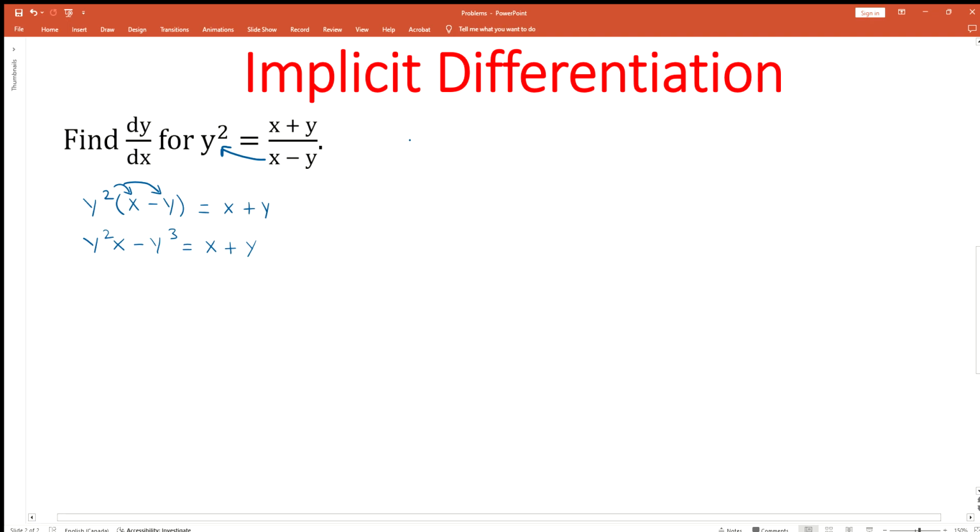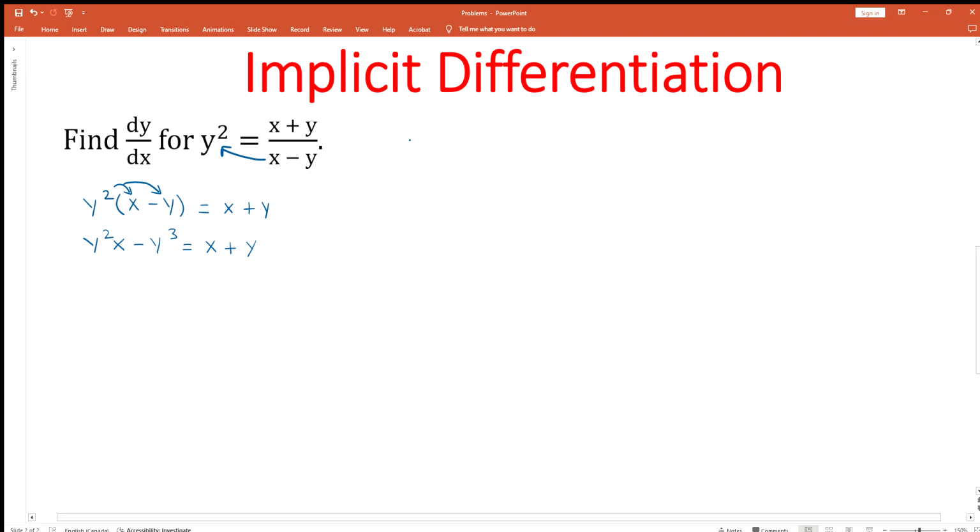The first term, y square x, is made up of two functions, y square and x, and they are being multiplied. So we have to use the product rule to find the derivative of this term. As per the product rule, we start with the derivative of the first function, y square. The derivative of y square with respect to x can be found using the chain rule.